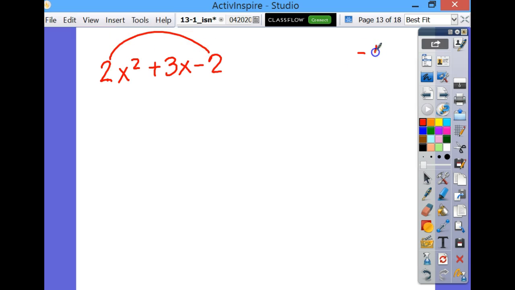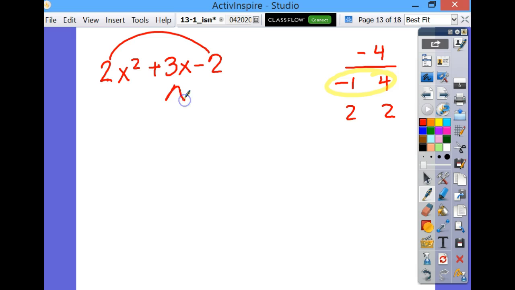You still multiply the first term times the last term. Since that's a negative 4, the signs have to be different. How do the signs have to be so I can get a plus 3 out of this? Does that give me a plus 3?